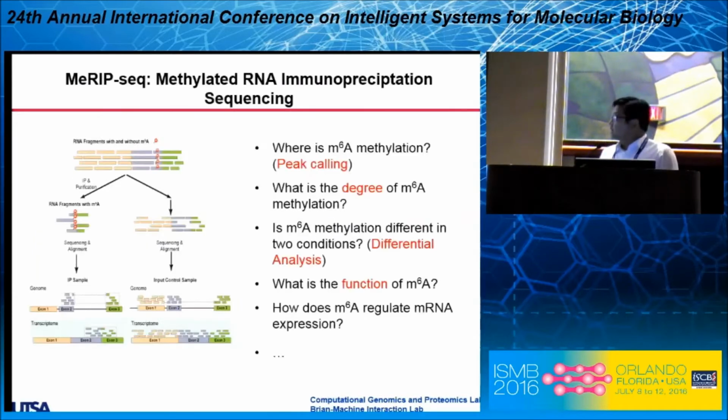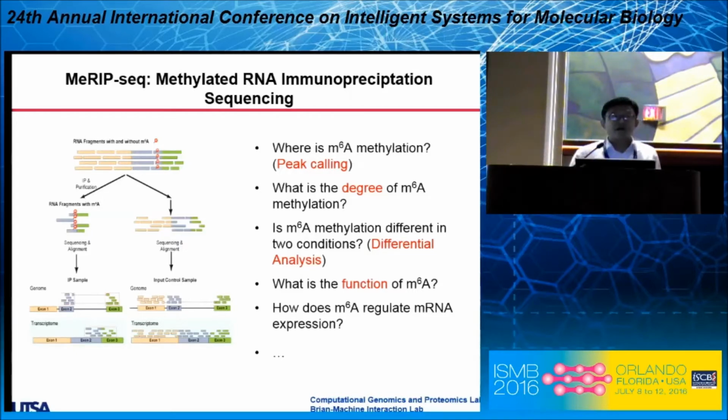So I'll quickly talk about how we detect m6A. Gong in the morning talked about using SMRT sequencing. But for m6A detection in the transcriptome, the widely used technology is MeRIP-seq, or methylated RNA immunoprecipitation sequencing. MeRIP-seq is very much like RIP-seq, but it has 2 parts.